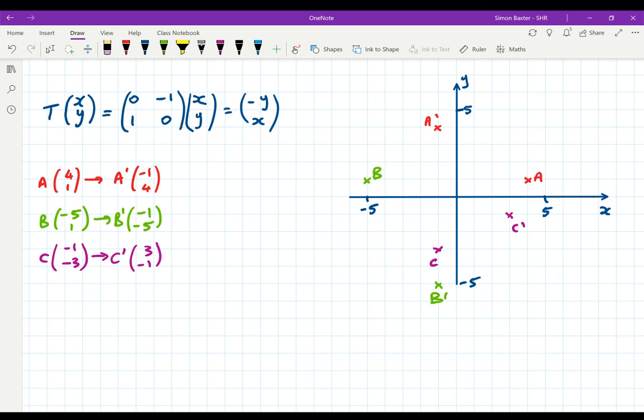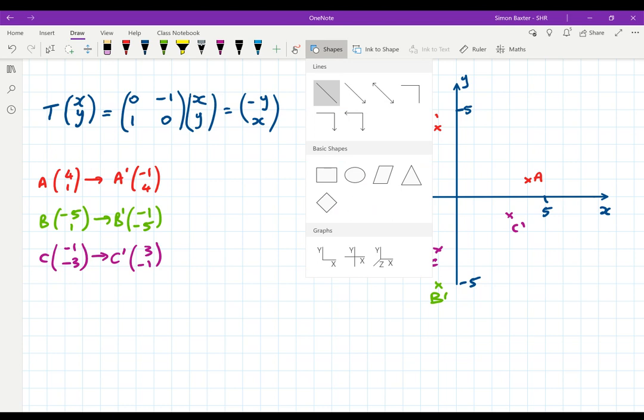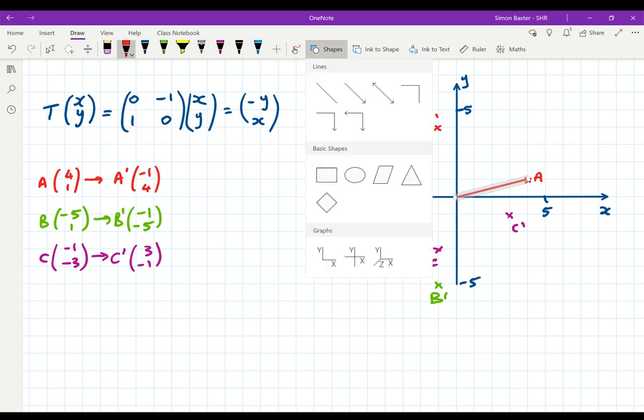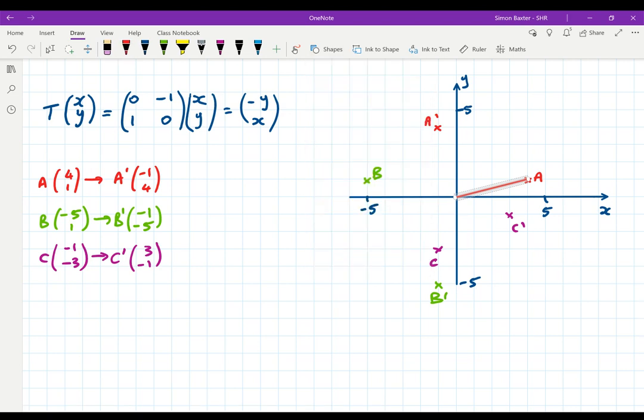Not as obvious as the others. This might help. I'm going to draw a line from the origin to A, and a line from the origin to A dashed. Can you see what's happening a bit there? Okay, let's try and help you a bit more if you still can't quite see what's going on.